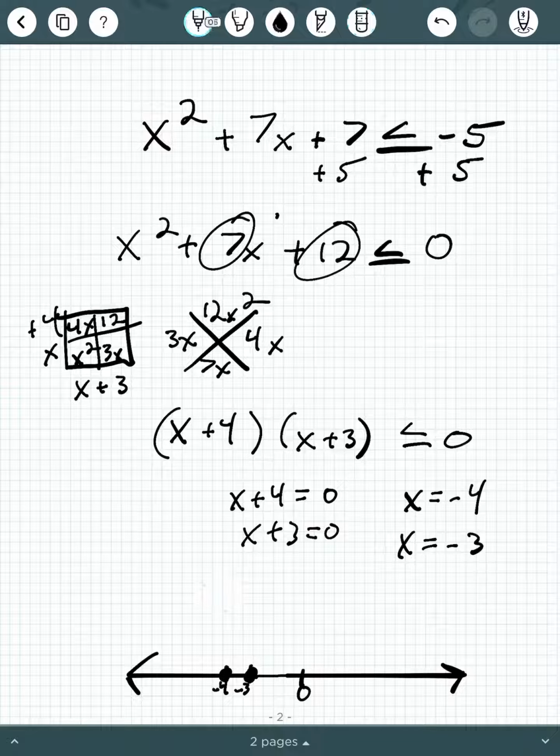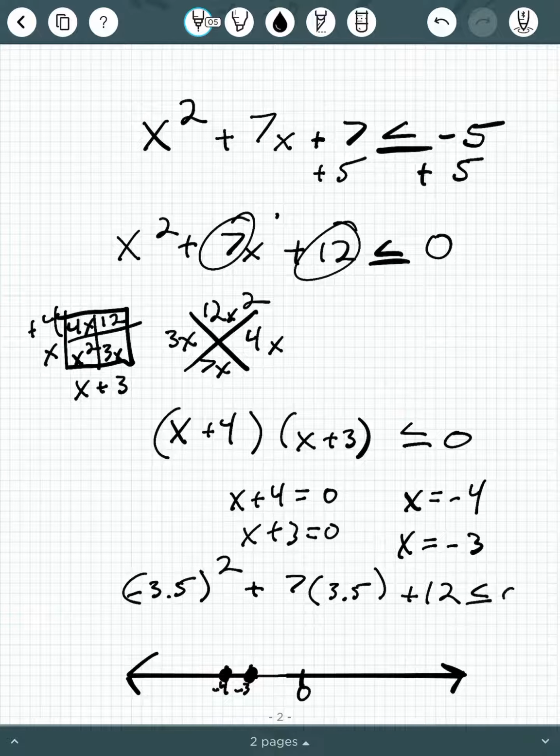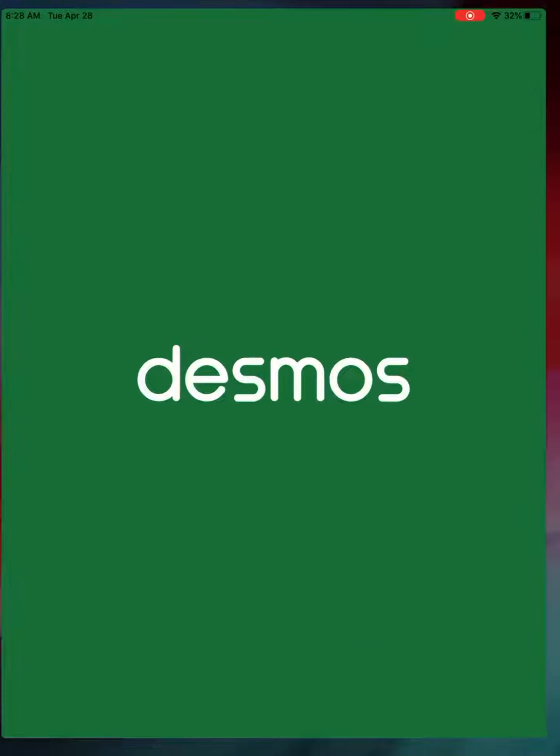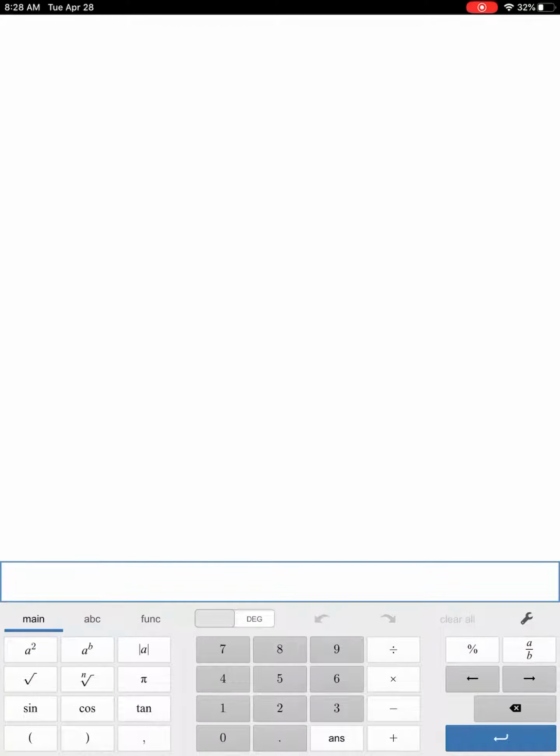If we want to confirm that, we'll have to use a decimal in this case, but we can work with that. So let's pick -3.5. So -3.5 squared plus 7 multiplied by -3.5 plus 12 is less than or equal to 0. If we pop over and use a calculator real quick, we just need to see -3.5 times -3.5, squared, is 12.25.